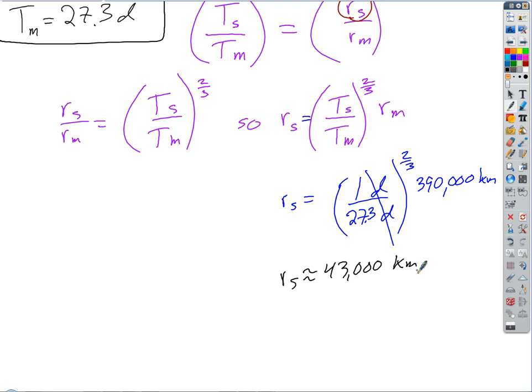When we looked at Kepler's laws yesterday, what was Kepler's first law? What was the shape of an orbit? It's elliptical. And a circle is just an ellipse. What happens to the two foci of the ellipse to make it a circle? They slide together and become the center, right?